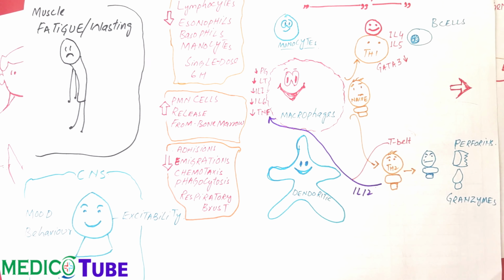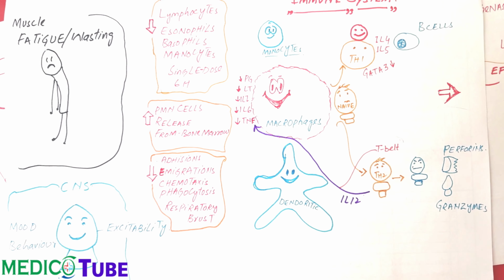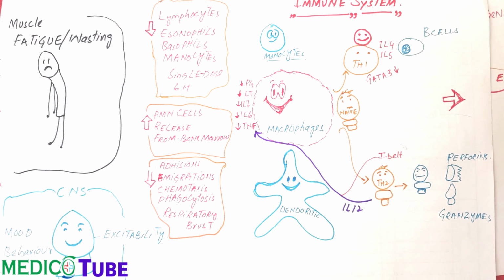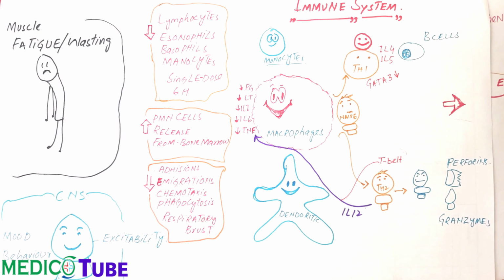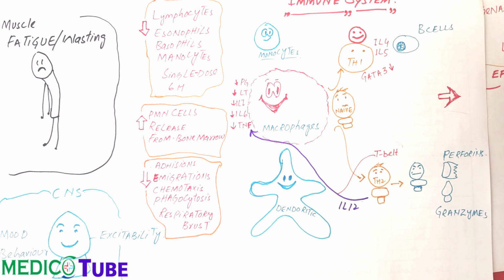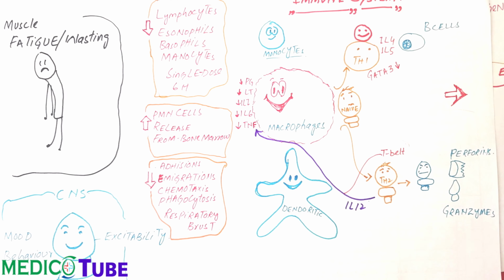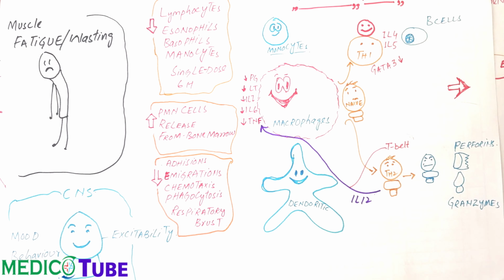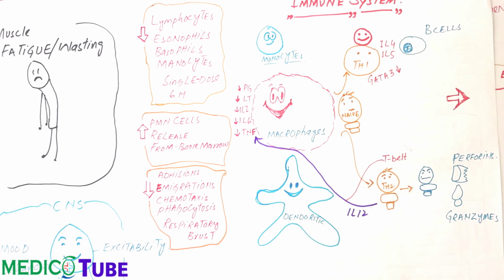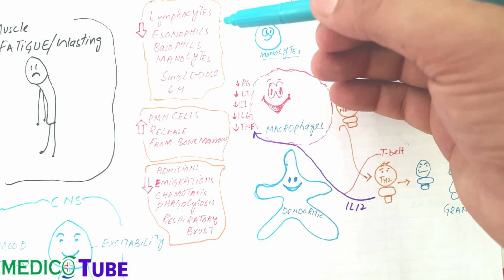Here are the effects on the immune system. What do steroids do? Let's say dexamethasone. They work on almost all of the immune system and they suppress the majority of the action. So look here, they suppress the lymphocytes.